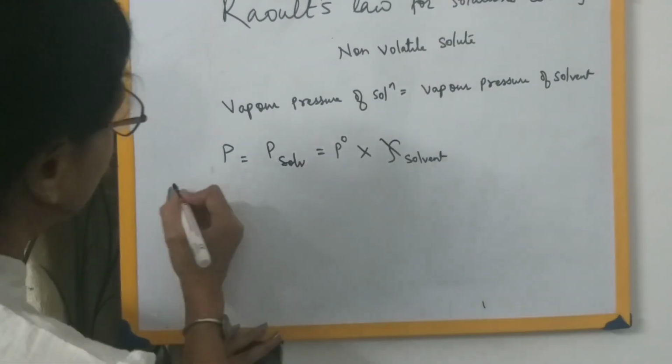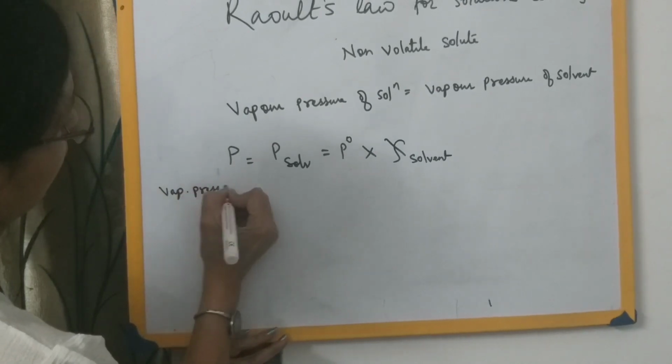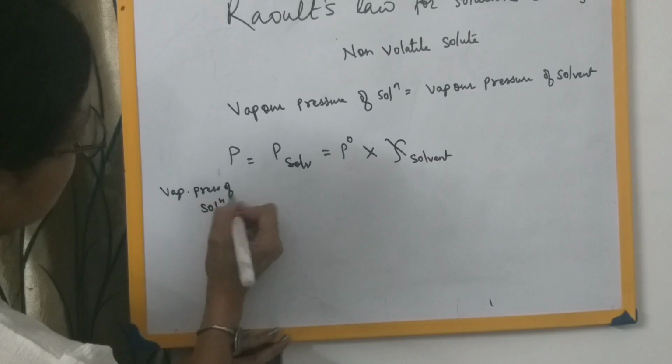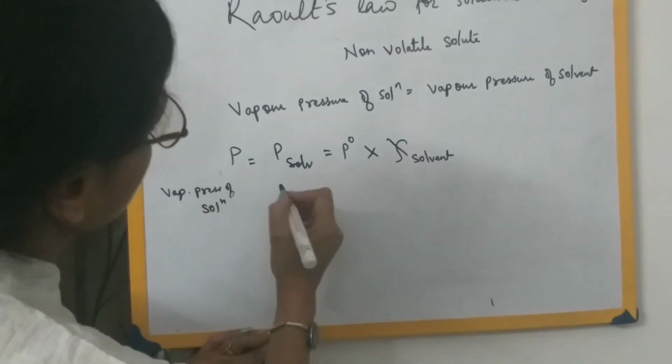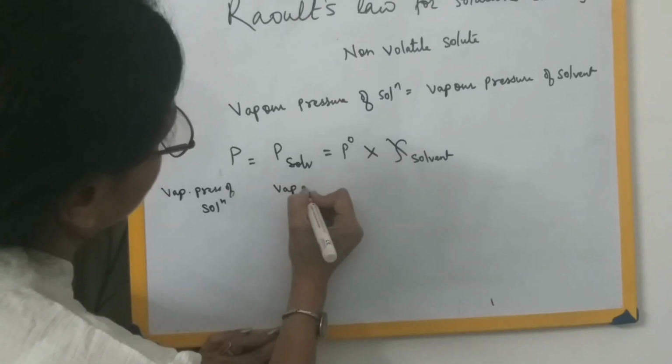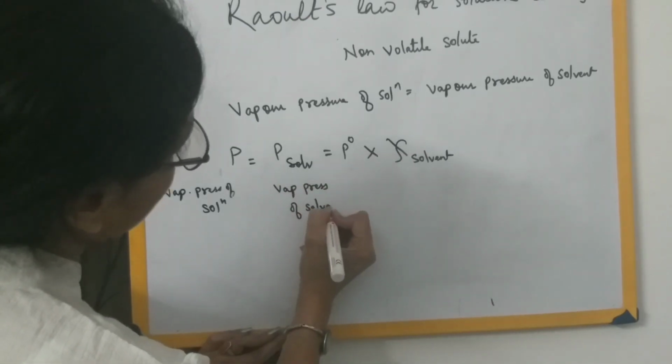So what can we say? This P represents vapor pressure of solution. So vapor pressure of solution is equal to vapor pressure of solvent. Why vapor pressure of solvent?